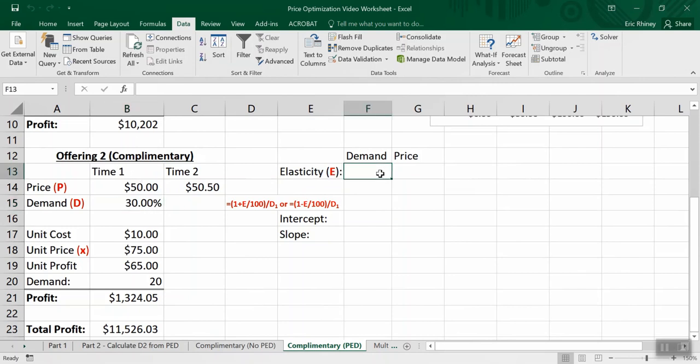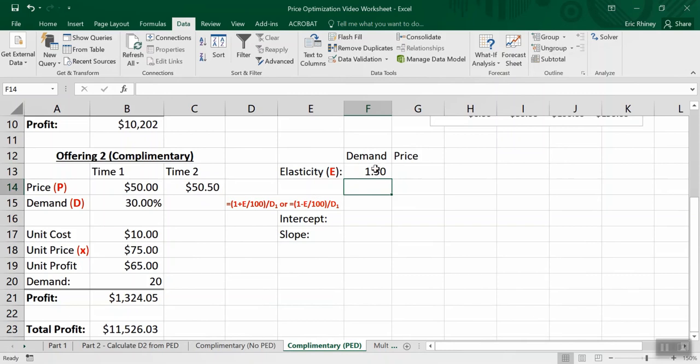And let's say this elasticity of demand is 1.50. And if you remember, this simply means that as price increases or decreases by 1%, then our demand will decrease or increase, the inverse relationship, by 1.5%.